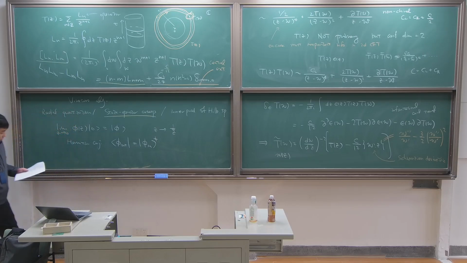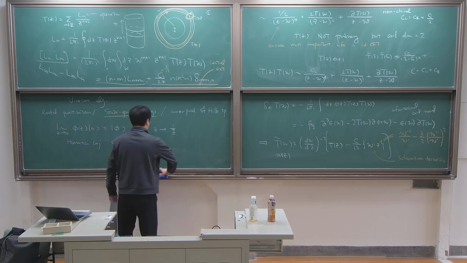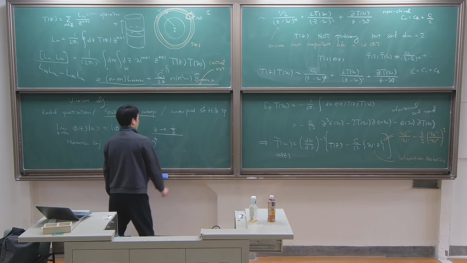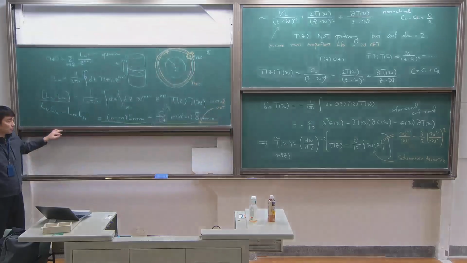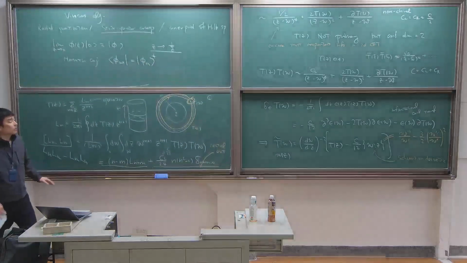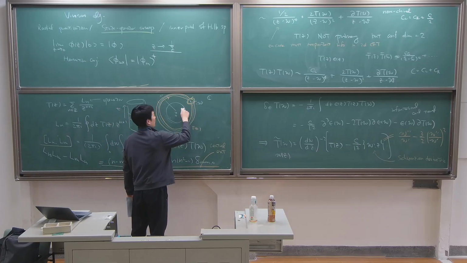That's the Hermitian conjugate. At the level of operators, we need to perform this kind of operation. This one is a unit circle.